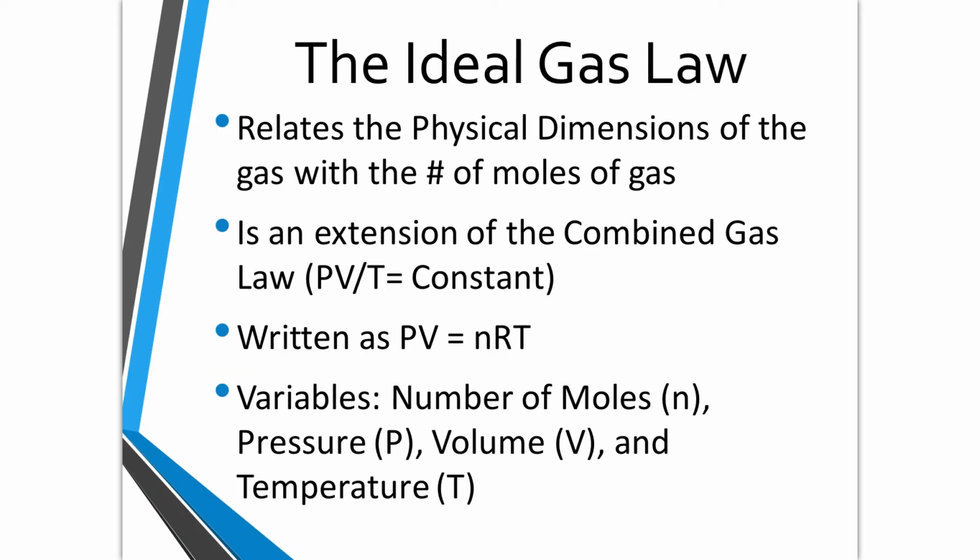Okay, so basically the bottom line is the ideal gas law relates the physical dimensions of the gas, pressure, volume, temperature, to the number of moles of that gas. It is an extension of the combined gas law because we can write PV divided by T, and if we write that in a different format, you can say that PV equals some constant, we'll call it CON, times T, right?